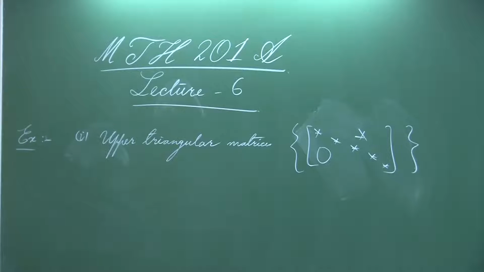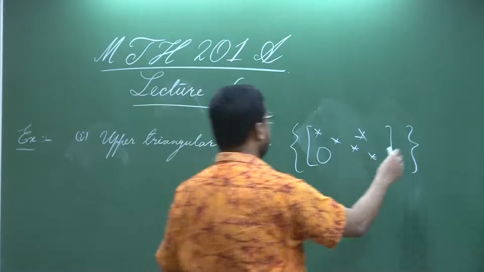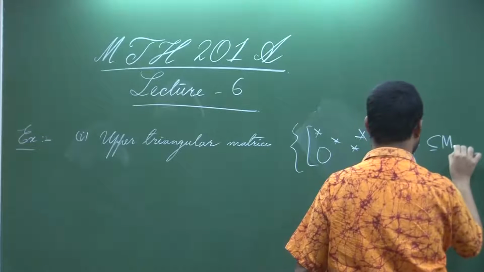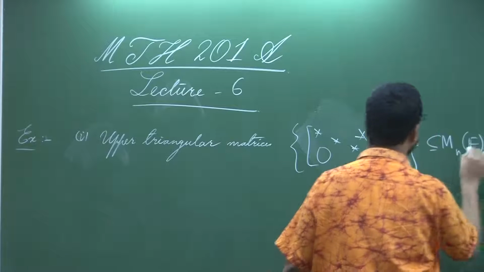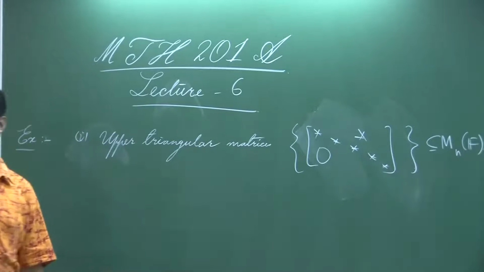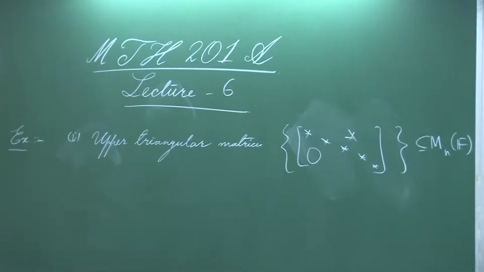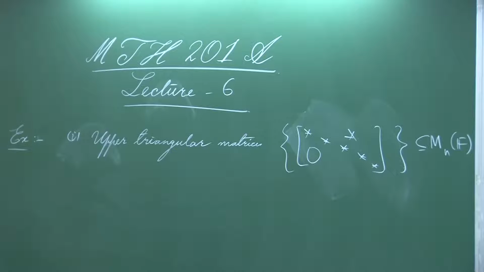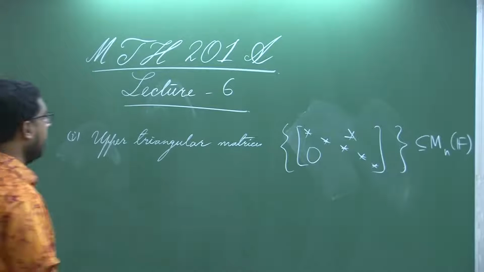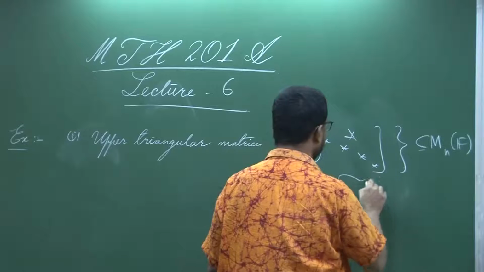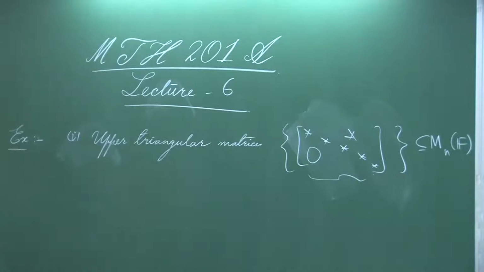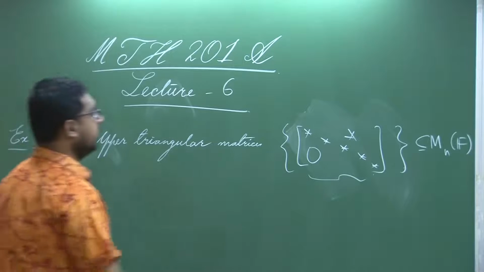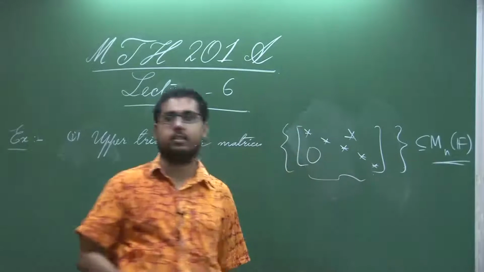The operations in this space are those adopted from the bigger space, so this is a subset of M. An upper triangular matrix is a square matrix, so this is a subset of the vector space of square matrices of order n, and the addition and scalar multiplication here are adopted from those of this bigger space.